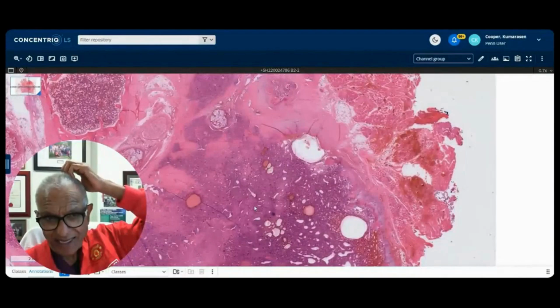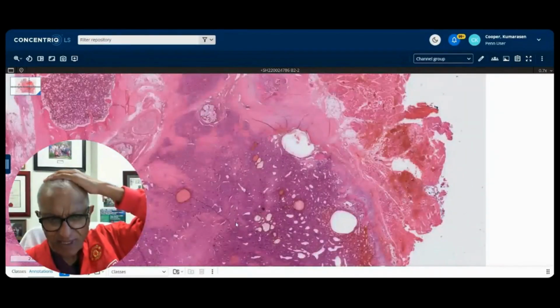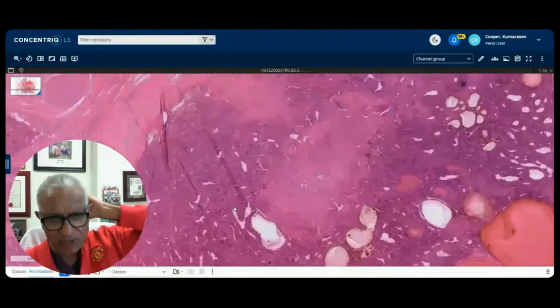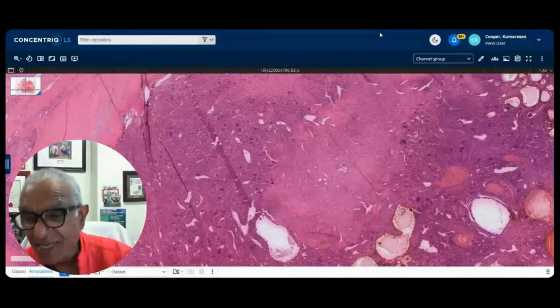These are extremely rare, and I believe in single digits rareness. I cannot remember the figure, but it's unusually rare. But keep it in mind and keep it in your differential diagnosis. And I think the ones that were shared in the chat were pretty decent.